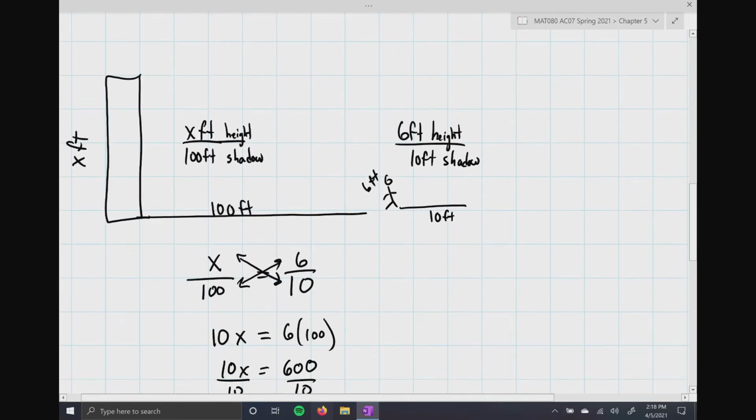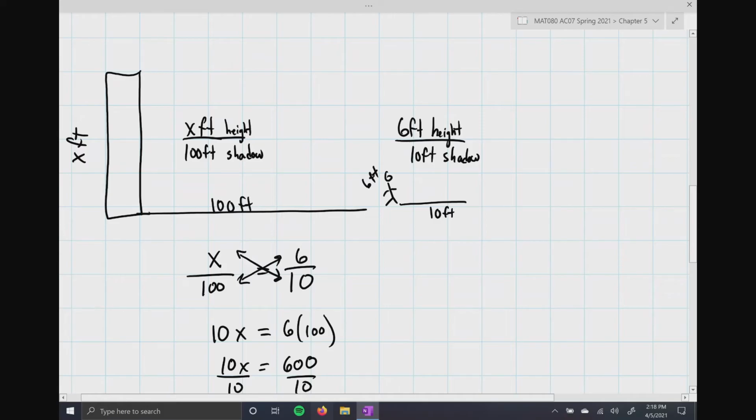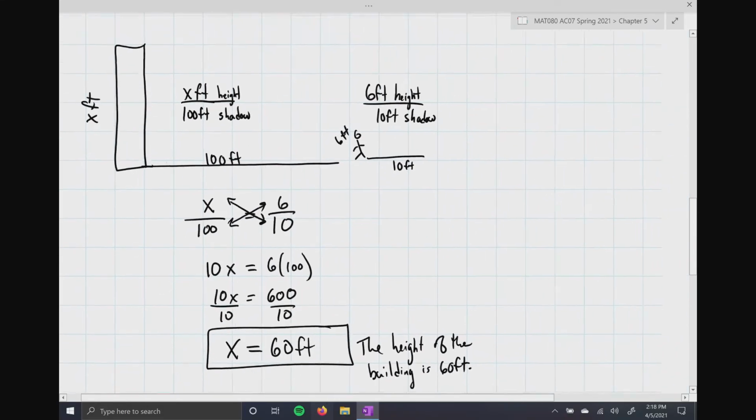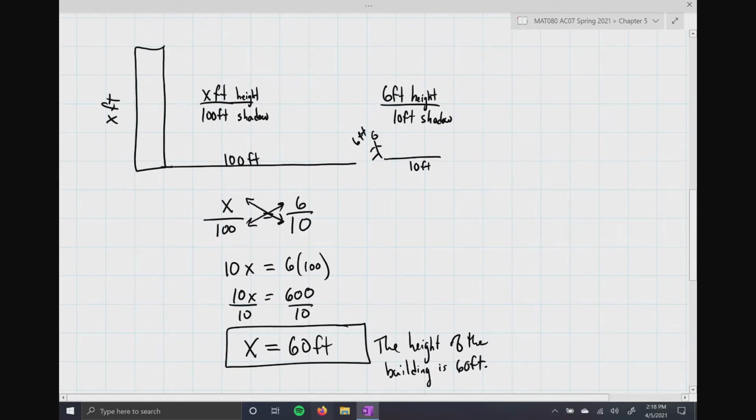Then we looked at a very easy problem. It looked a little complicated at first, but it was kind of easy. It was figuring out how tall a building is. And what I really wanted to show you in this problem is that you can create a ratio out of anything. Doesn't matter.